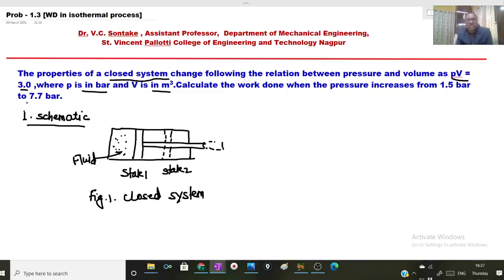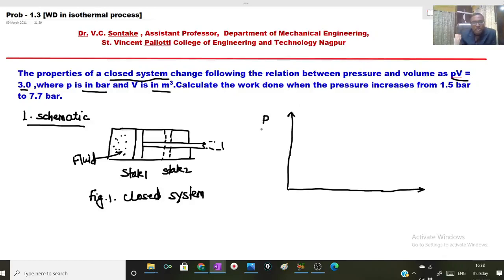This is the first thing we will require to draw the process on a PV plot, and then pressure is increasing from 1.5 bar to 7.5 bar. That means it is a compression process, because only in a compression process does pressure increase. So from these two pieces of information, now I can represent this process on a pressure volume diagram.